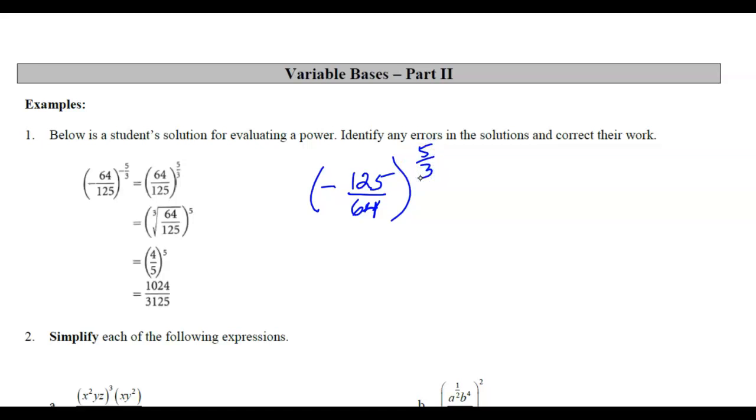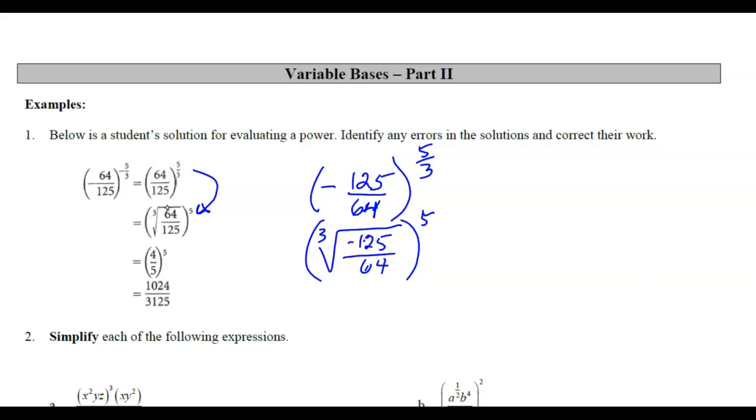Okay. Now from here to here, did they do that part correctly? Forget what the question was. Did they do that arrow step? Yeah. So they put it in radical form correctly. So we're going to do the same thing, but with the correct fraction. Okay. And so then, did they take the third root of 64 over 125 correctly?